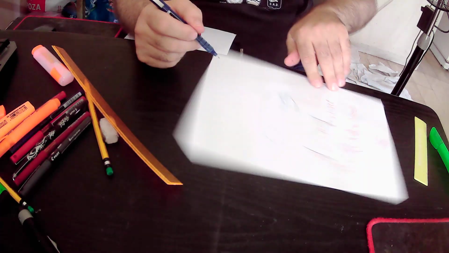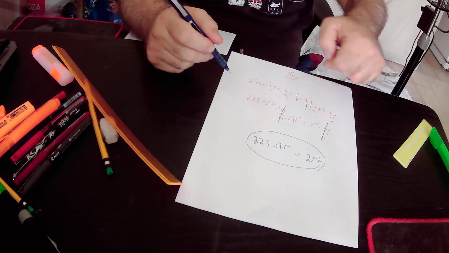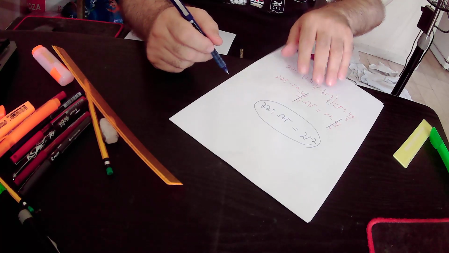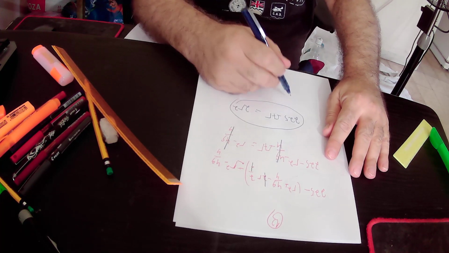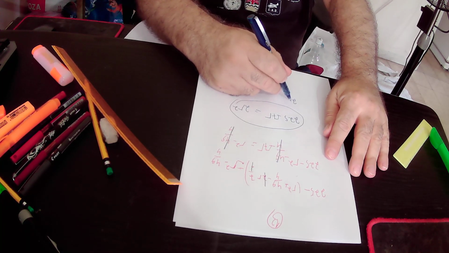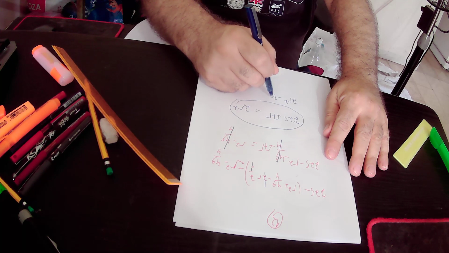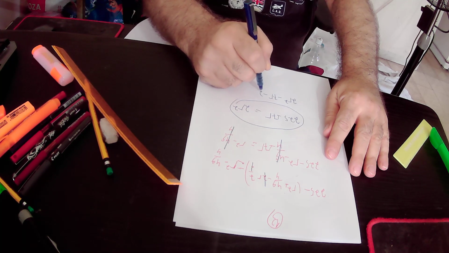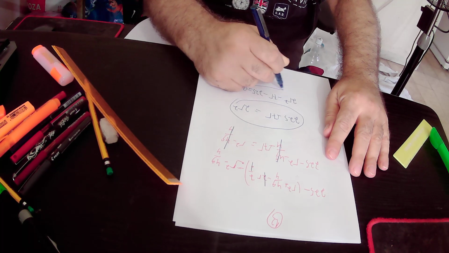So here we will subtract 7r and 225 from this equality, and we will get the quadratic equation, 2 times r squared minus 7r minus 225 equals to 0.